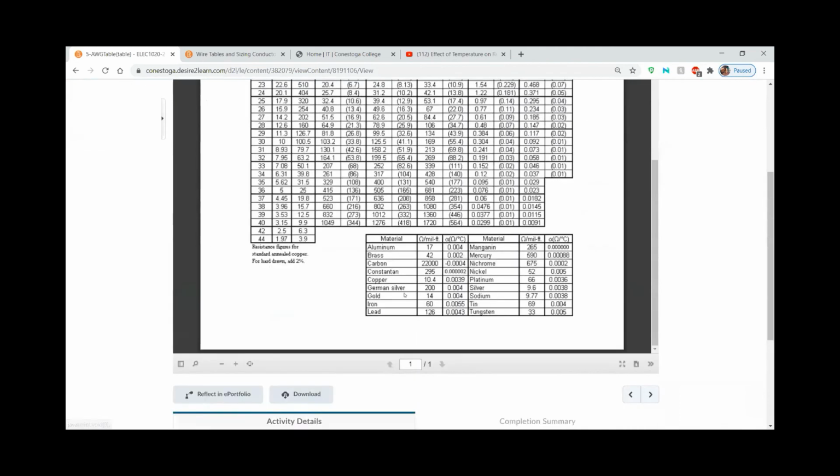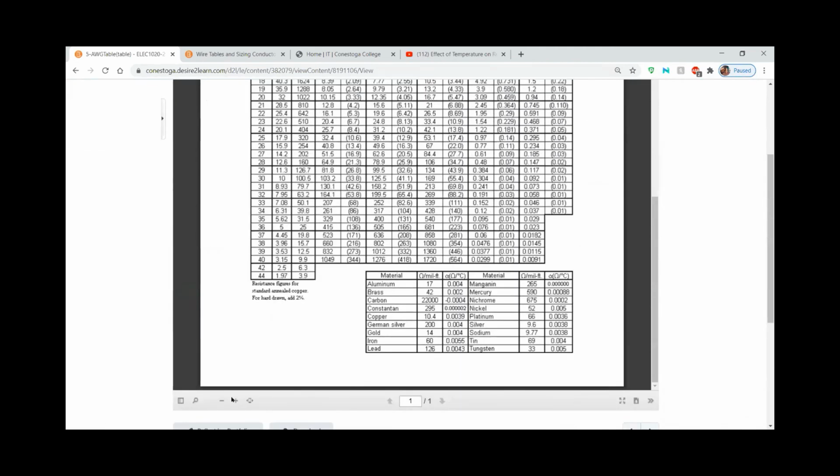On table 5, we have that alpha, which is the temperature coefficient that indicates how much the resistance of a conductor will change according to the temperature increase.